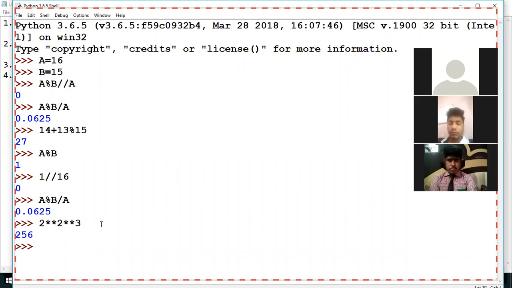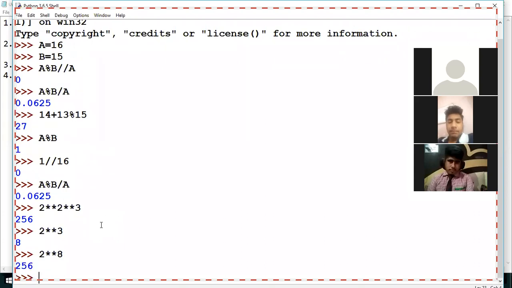See, this result is 256. You can check it individually. 2 multiply 3 gives 8, and then 2 exponent 8, its result comes like this.